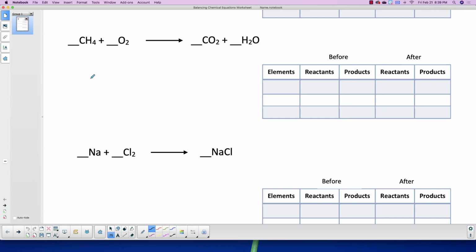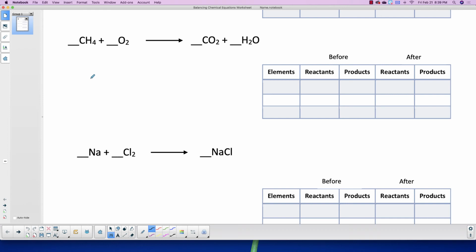So this is a real equation of a chemical reaction, and we want to balance it. So of all 4 of the chemical equations that I give you, this is probably the most complex. So keep this in mind.